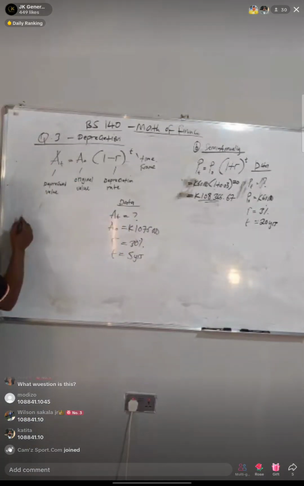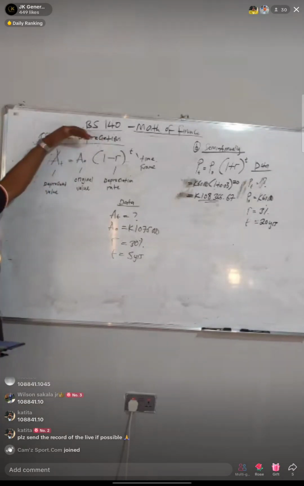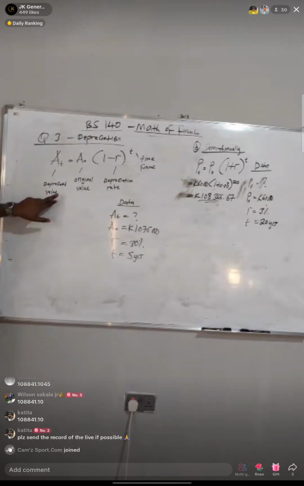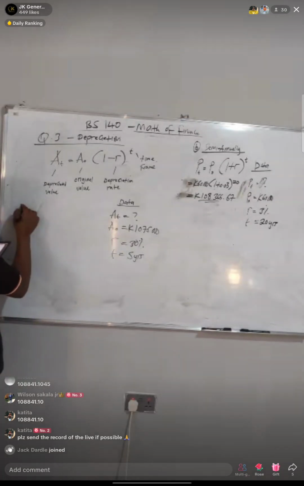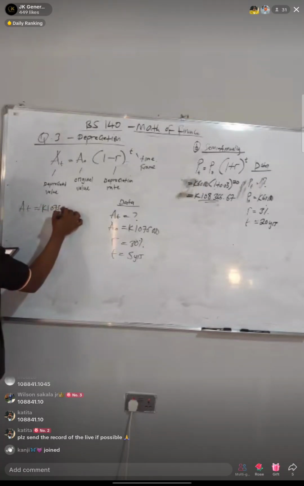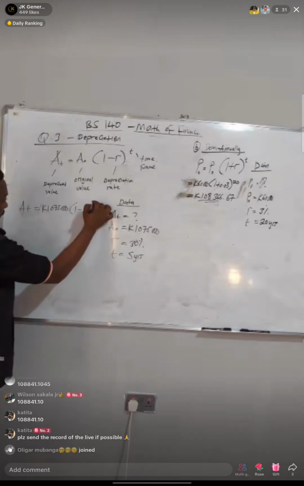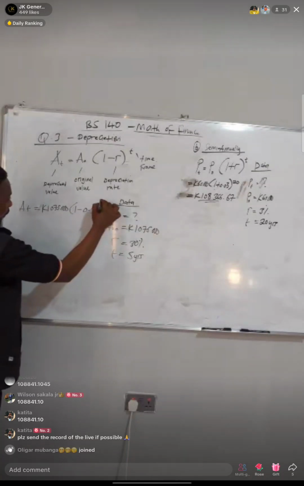So you just come and replace there. It's as simple as that. When you see depreciation here, we're trying to find the depreciated value. So our AT there is equal to 1,075,000, open brackets, 1 minus 0.3, to the power of 5.